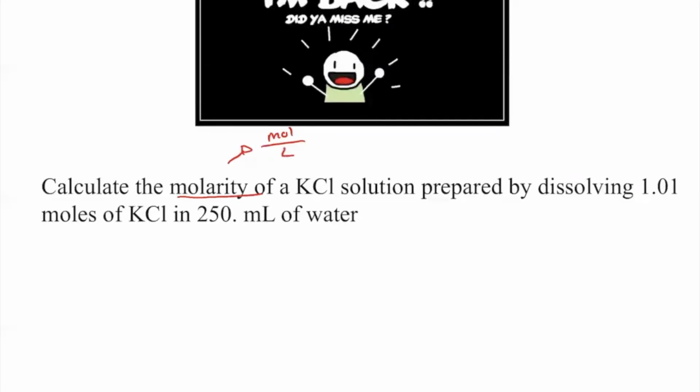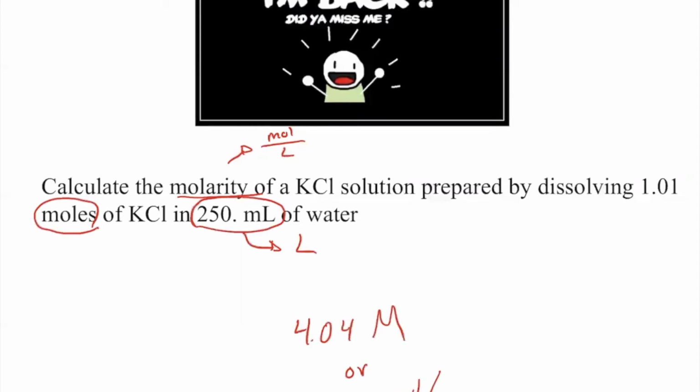They are giving you the moles and milliliters. So what do you need to do? Convert that to liters. I'll give you a chance to do that. Your answer for this question should be 4.04 molarity, or 4.04 moles over liter.